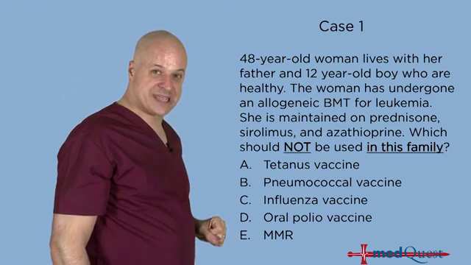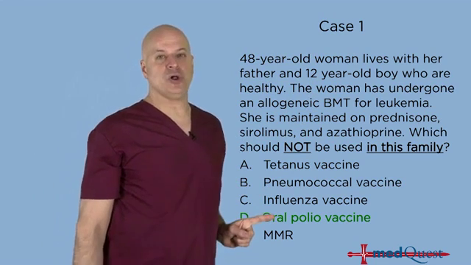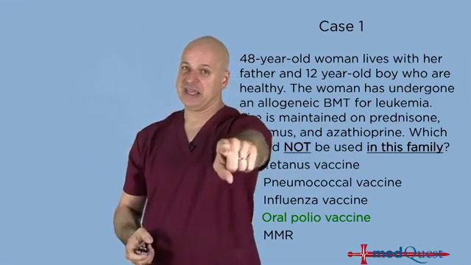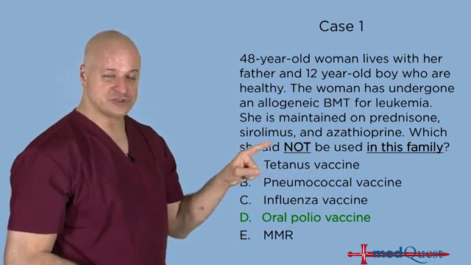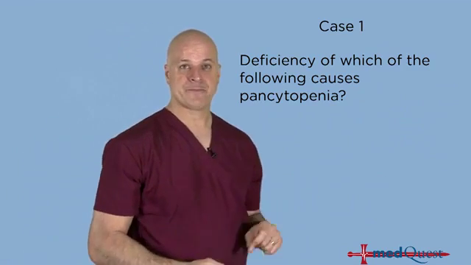The people near him can't get oral polio, because the oral polio vaccine can spread to others. In the 1950s, when the polio vaccine came out, we thought that was a good thing because we wanted herd immunity. But it's not a good thing if you live near someone who's got a very dangerous immunosuppressed condition.